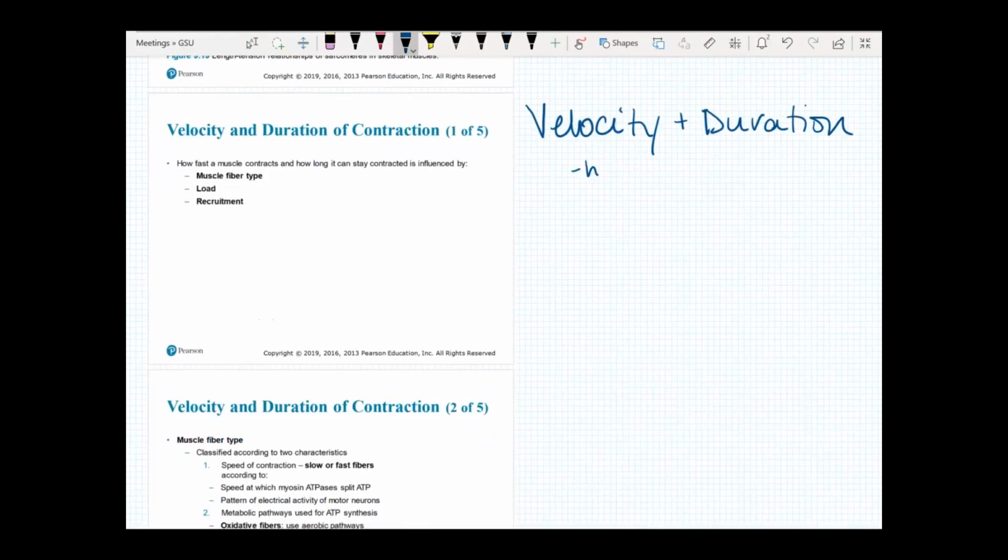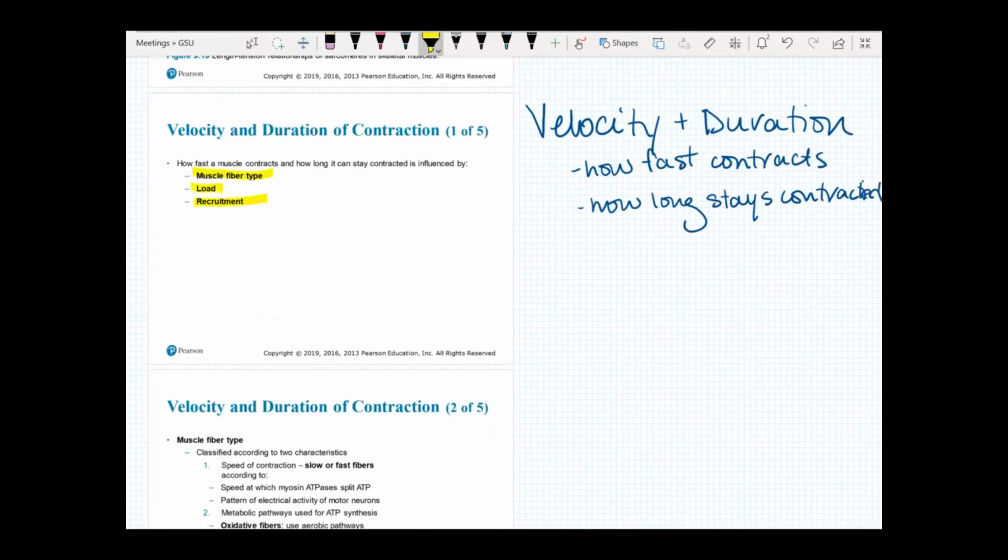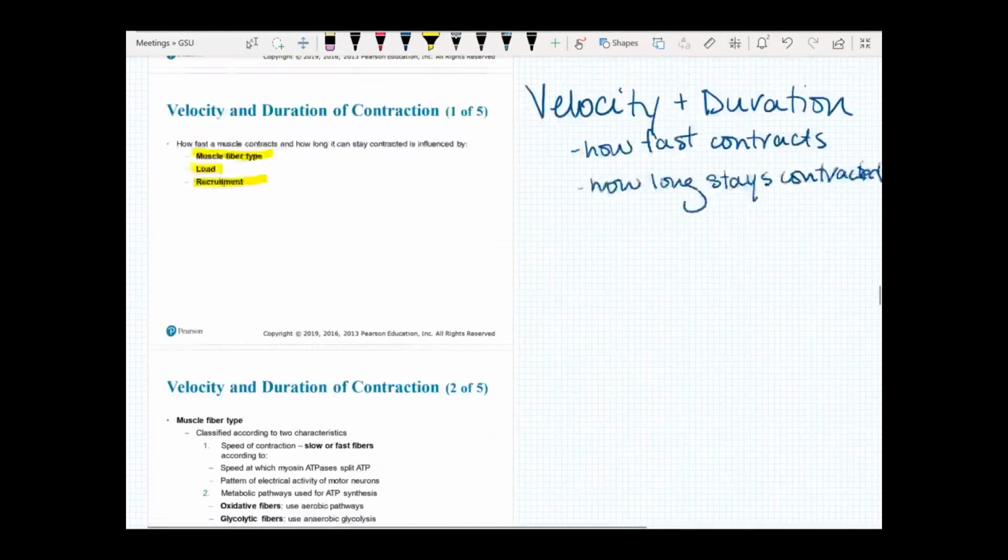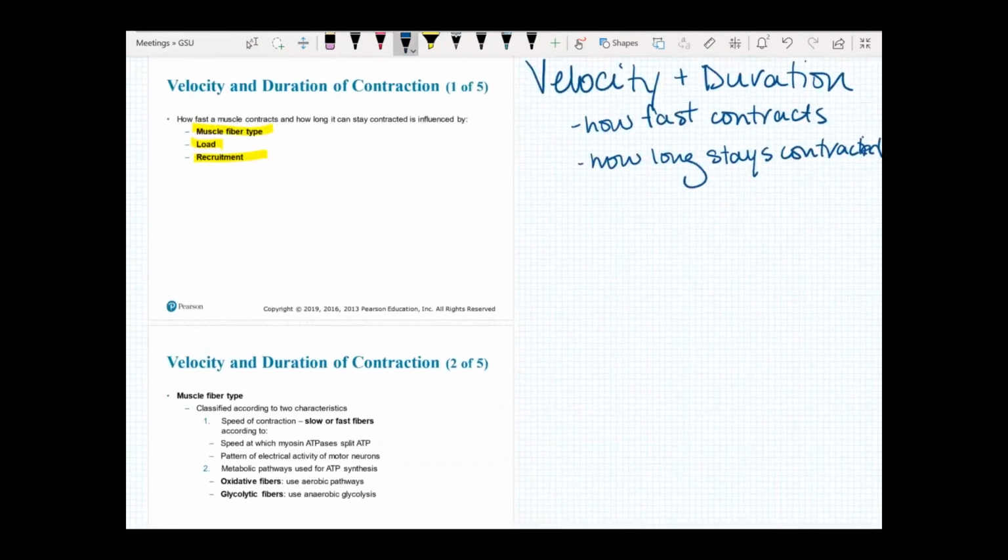So this is how fast the muscle contracts, velocity, and then it's going to be how long it stays contracted. It's duration. These are going to be influenced by three things: the fiber type, the load, and then the recruitment. So fiber type is going to be the biggest one that will affect velocity and duration.